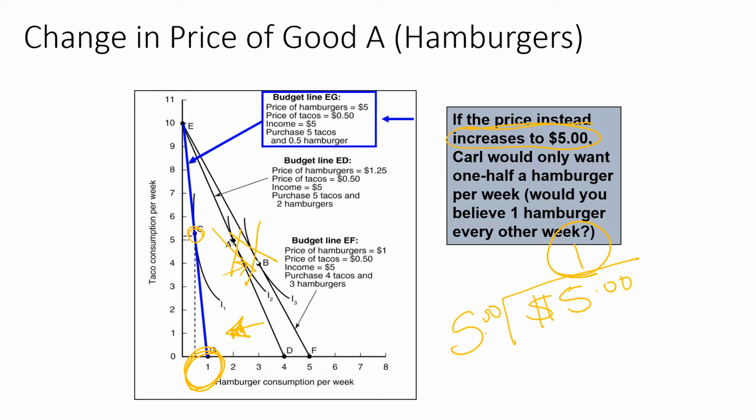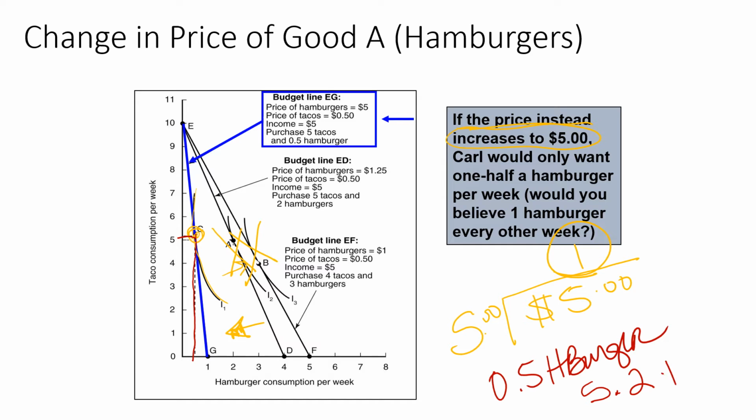So we are falling on this line where C is on the indifference curve, and we can see that the consumer equilibrium is now about half a hamburger, and I would say 5.2 tacos maybe, approximately. So you can see that the equilibrium shifts according to changes in prices of the products that we are looking at.